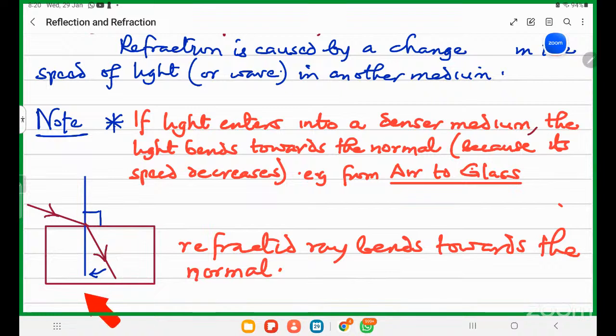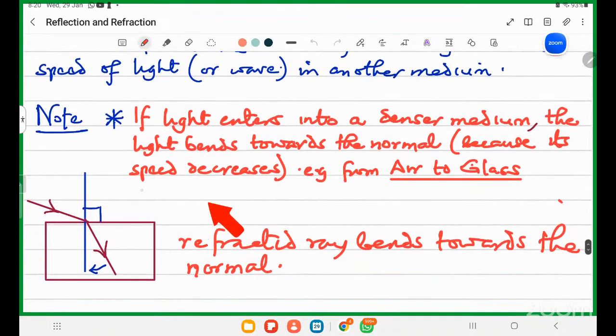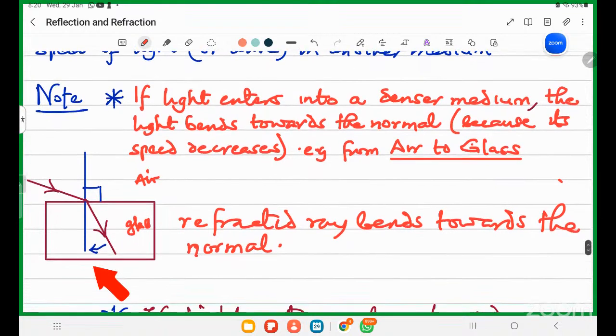So refracted ray bends toward the normal. So if the ray is traveling from a less dense medium, which is the air, we have the air here, this part happens to be the air, and here we have glass, okay? And glass is denser than the air. So when ray of light enters the glass, it bends towards the normal, okay?